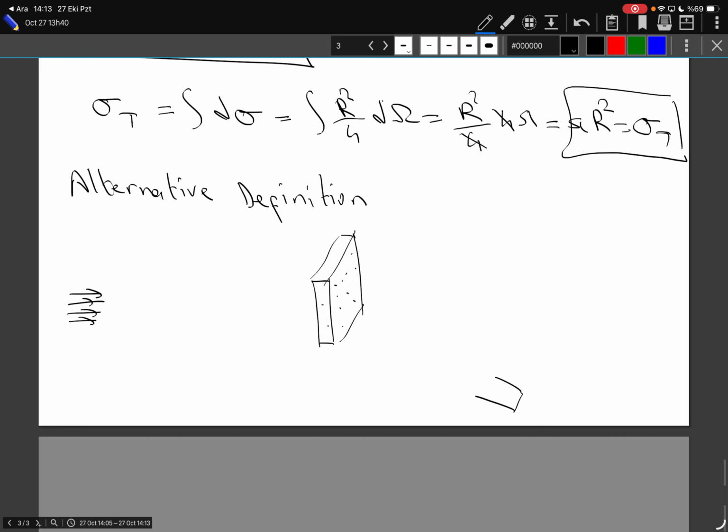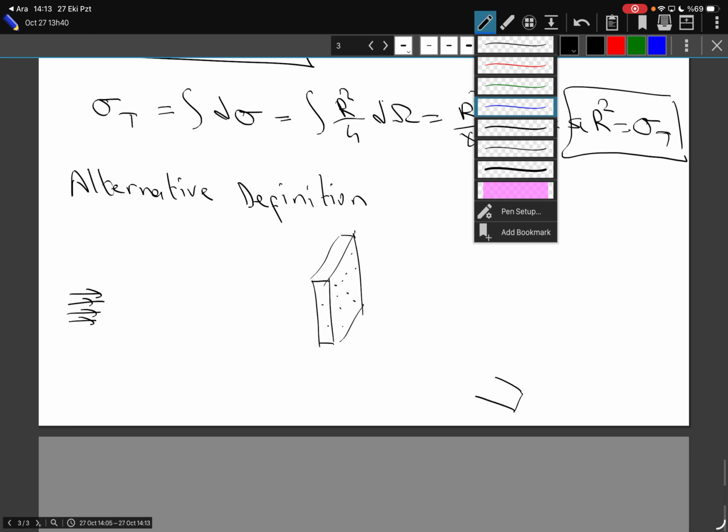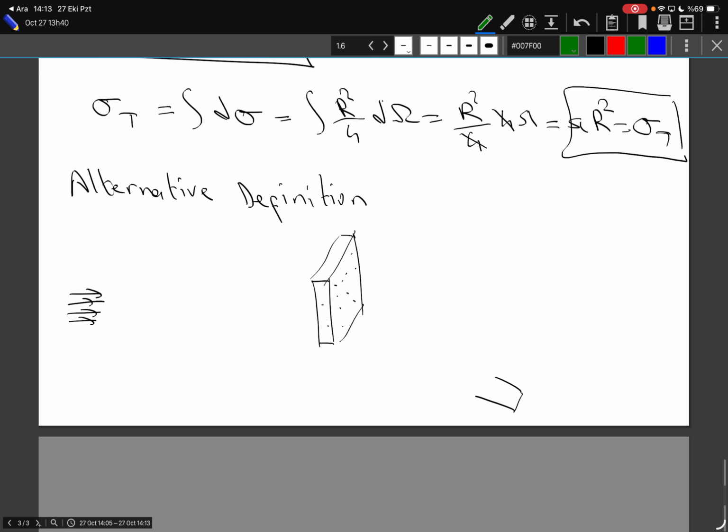Near each one of these atoms, there is a very small area, this is my d sigma for each one of the atoms. If the particles in my beam coincide with one of these areas near my scattering centers, then they will scatter towards my detector.